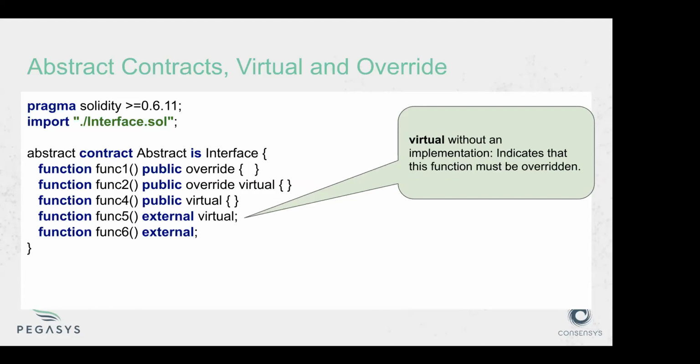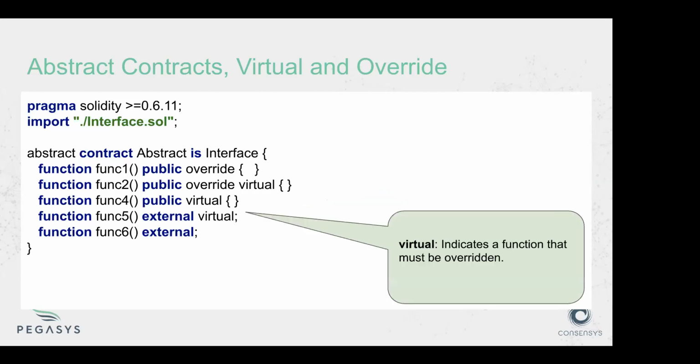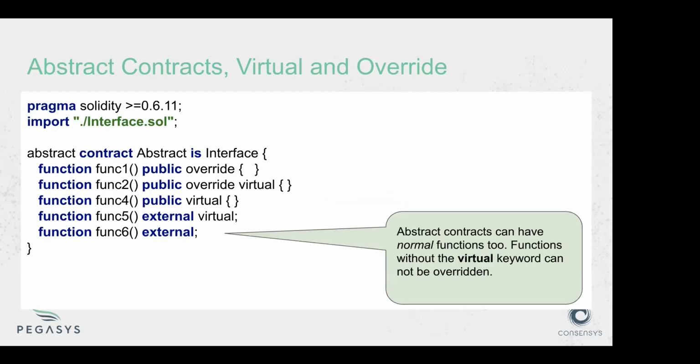You can also have virtual without a function defined, and then it's essentially like an interface function. So it indicates that you must provide an implementation for that function. Yeah, and so virtual is indicating that the function must be overridden. You can also have just normal functions that aren't virtual or overriding anything in an abstract contract.